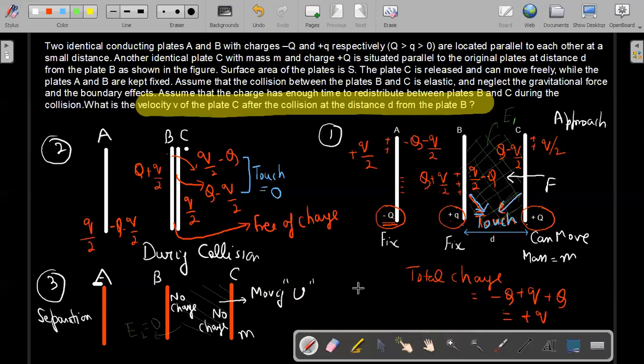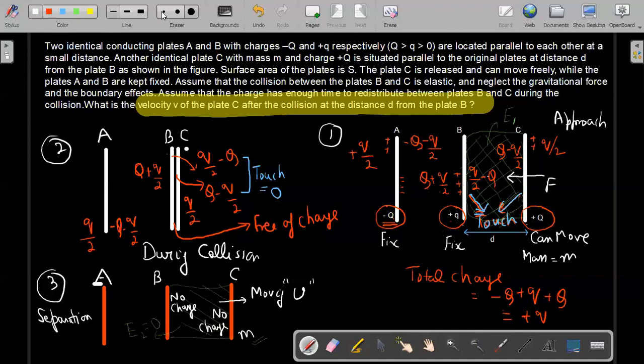So the initial energy which was in the space between B and C has become zero, and actually this energy is transformed into the kinetic energy of plate C, because the total energy has to be conserved. Energy can be transformed. So the energy of the electric field in the space between plate B and plate C is transformed as the kinetic energy of plate C after the collision.